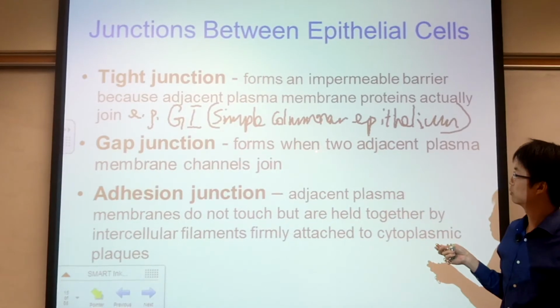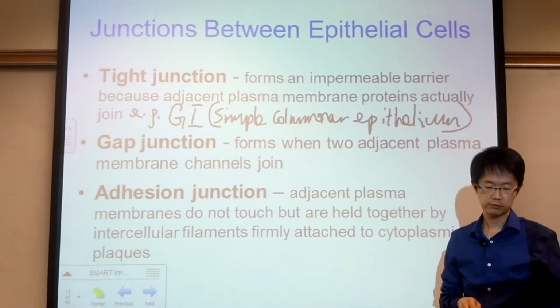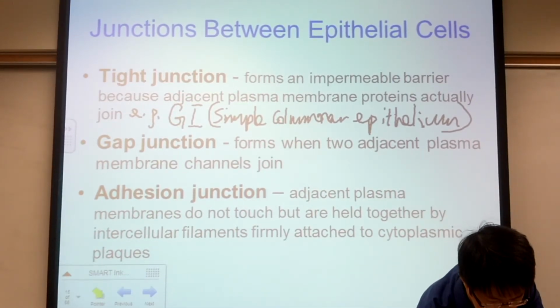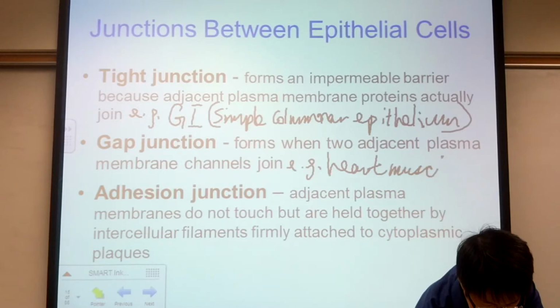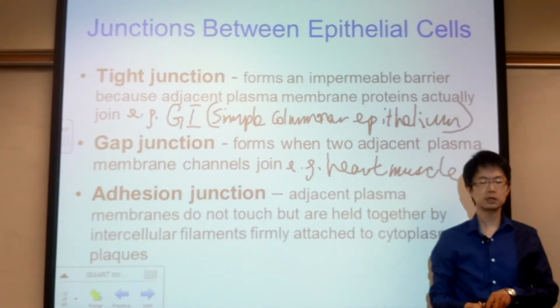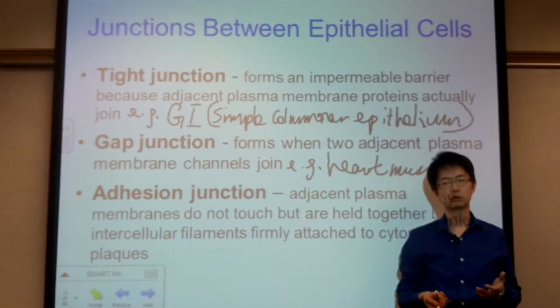Gap junction, when the two adjacent plasma membranes join. Where can you find it? For example, you can find it in your heart muscle. Gap junction literally connects the two cells into one.